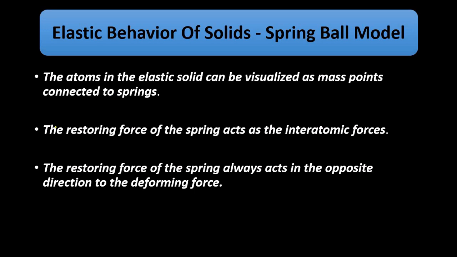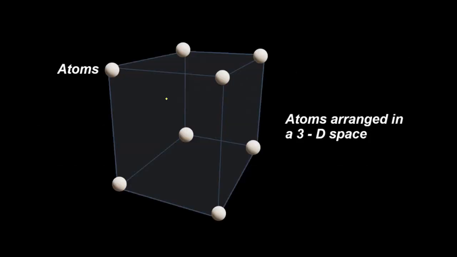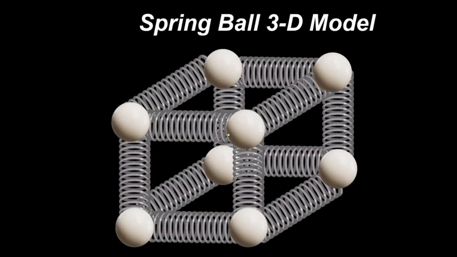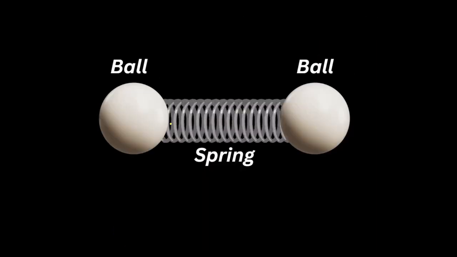So we can visualize the atoms present in the structure of this rigid body as balls or mass points which are connected to a spring. The two ends of the spring are connected to two mass points, which are spherical balls.